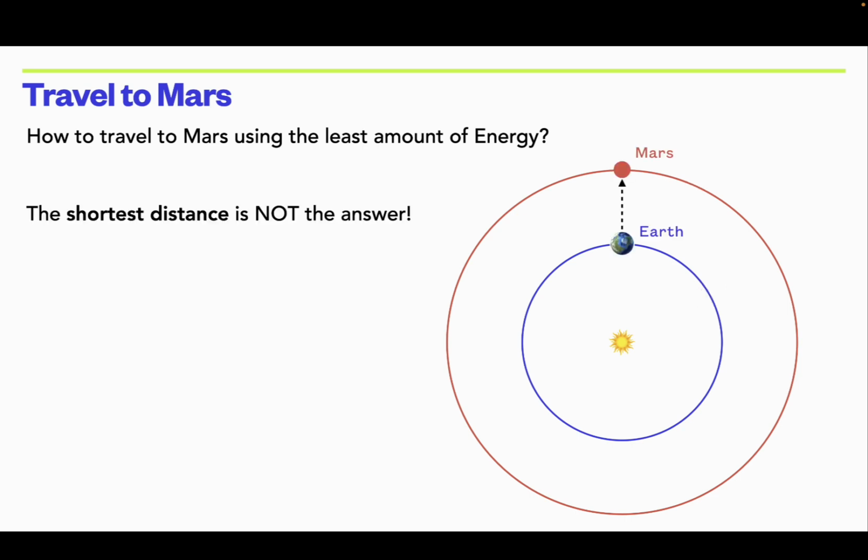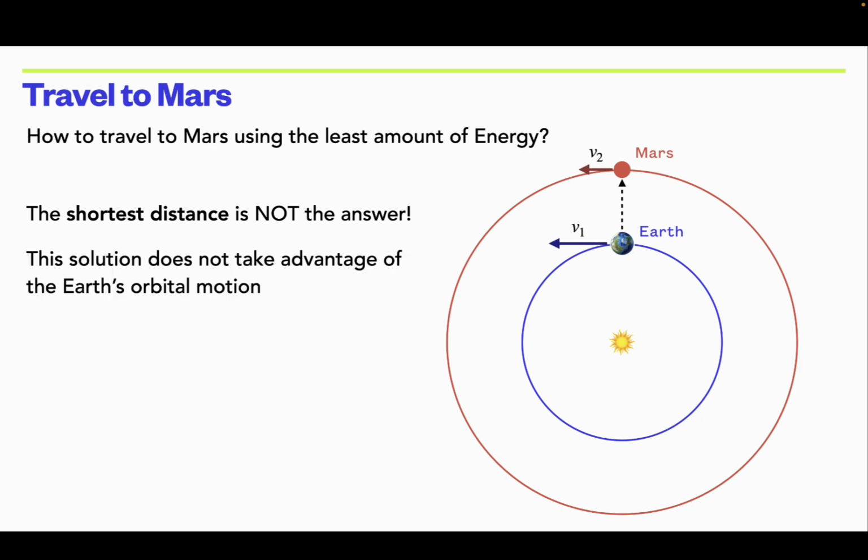So you might think, well, maybe I'll just wait for the Earth and Mars to be closest, and then I'll just jump over. Maybe that'll be the least amount of energy. It turns out that's not the case. The reason that's not the solution is that it doesn't take advantage of the Earth's orbital velocity around the Sun. When we launch a spacecraft from the Earth, it inherits the velocity of the Earth through space.